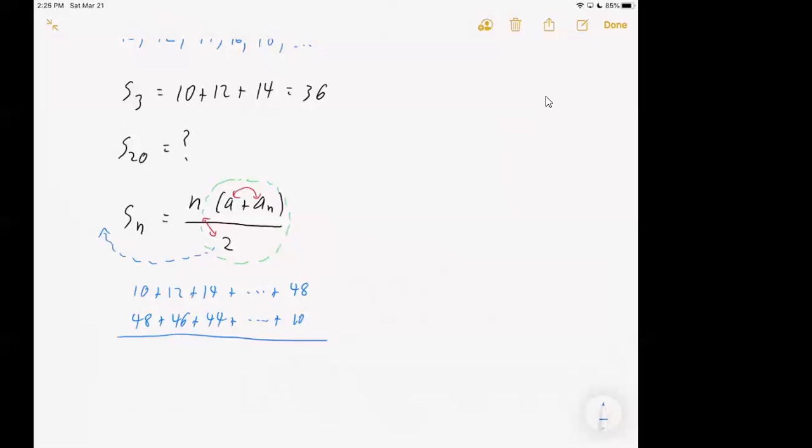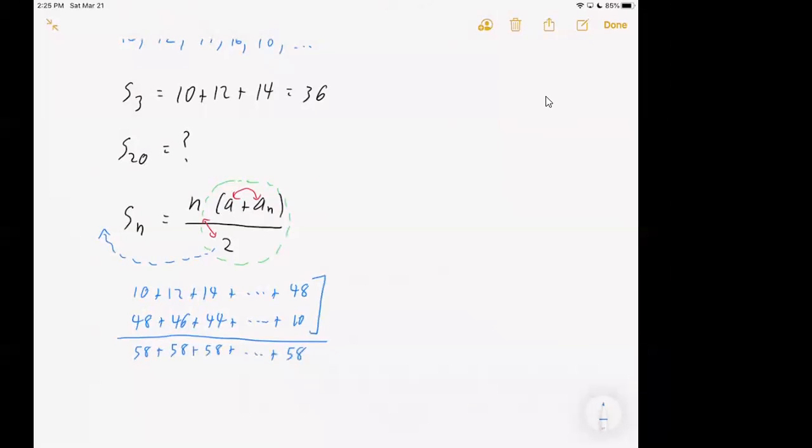And so you would see that every time we add these numbers up, we would get 58. So we would have n values of 58 added together. There would be n terms of that, but that would be twice the sum because we had added the list forward and backwards. So this formula was useful.